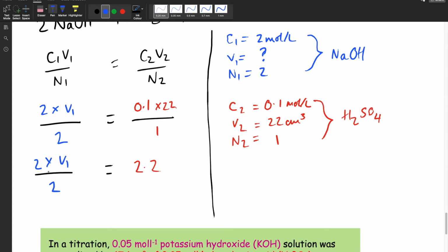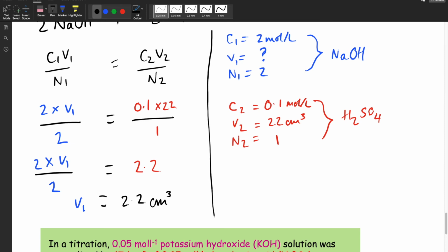So to get rid of these 2s here, we would have to times everything by 2 to get rid of that one, and then we'd have to divide it by 2 to get rid of that one, which is actually essentially undoing what you've just done. So in actual fact, V1 is equal to 2.2, and that's centimeters cubed.